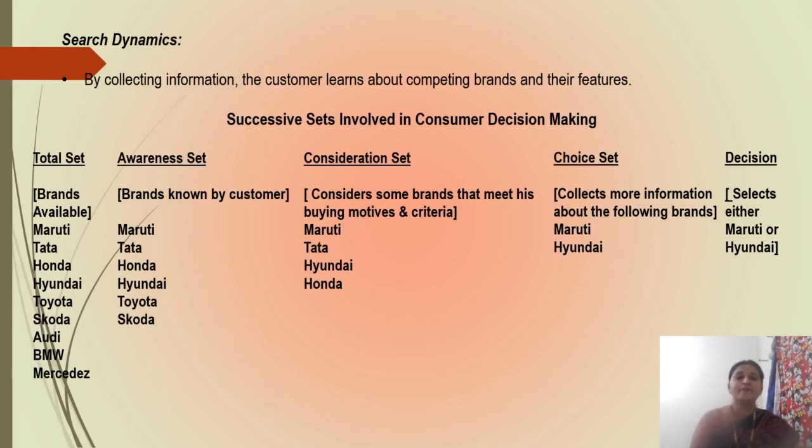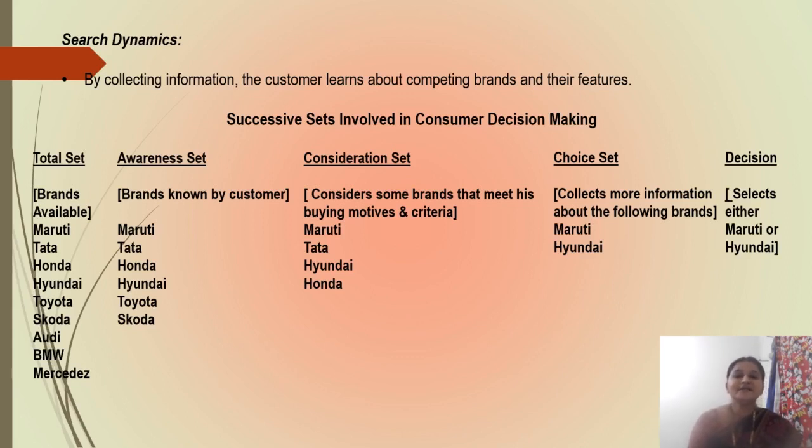For example, Maruti. So there are lots of brands available in the market. I have given only some brands in the slide: Maruti, Tata, Honda, Hyundai, Toyota, Skoda, Audi, BMW, Mercedes-Benz, and so on.